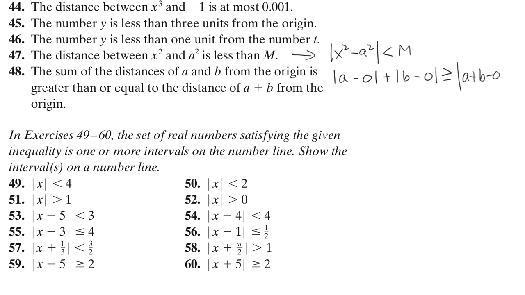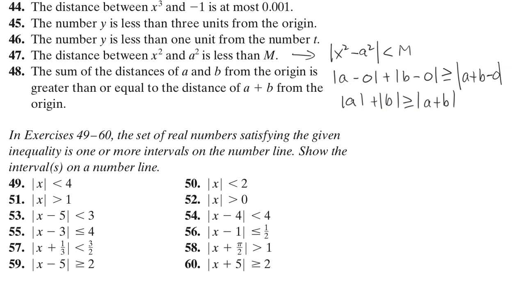So that distance to the origin. Okay. Now we can take out the minus zeros in this case, because I did this word for word explicitly. But if we take out the minus zeros, you're really looking at the absolute value of A plus the absolute value of B is greater than or equal to the absolute value of A plus B.